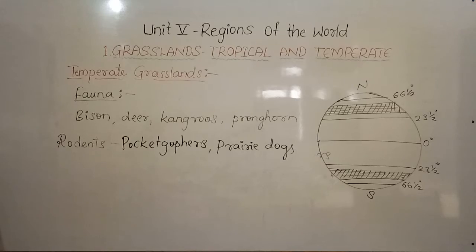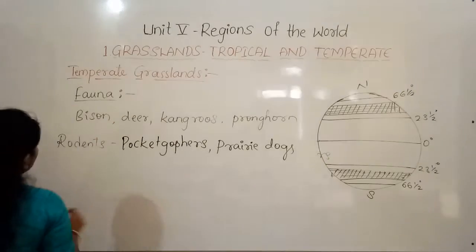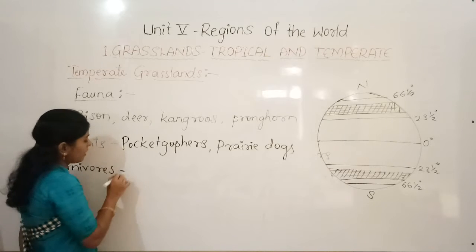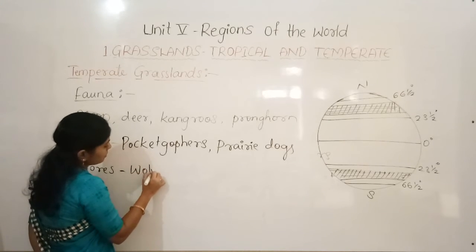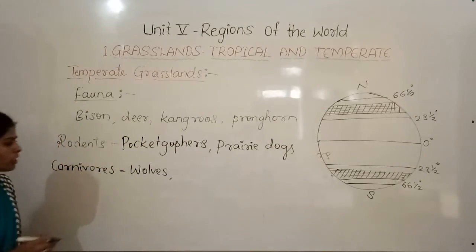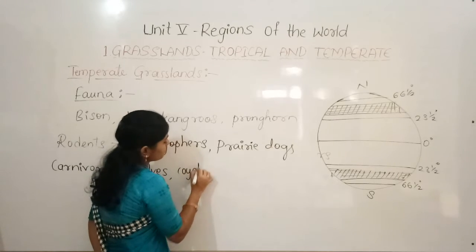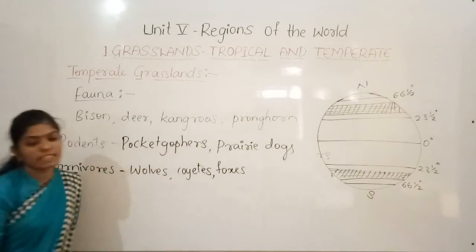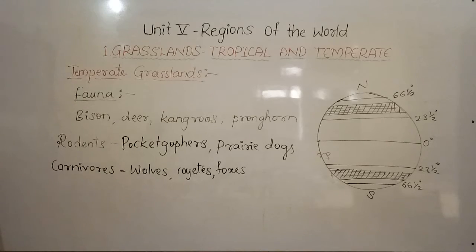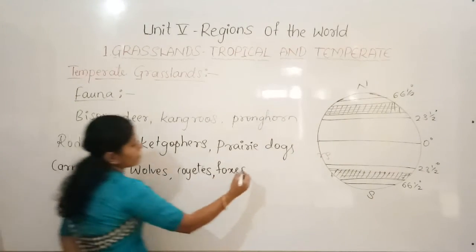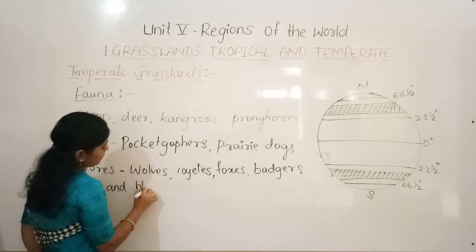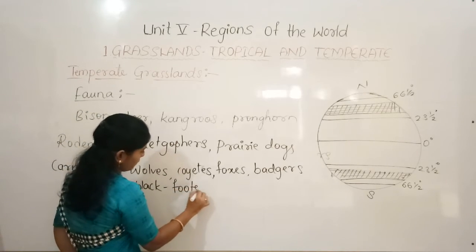And also we can see some carnivorous animals here. The carnivorous animals in the temperate grasslands are the wolves, the coyotes, foxes, badgers and black-footed ferrets.